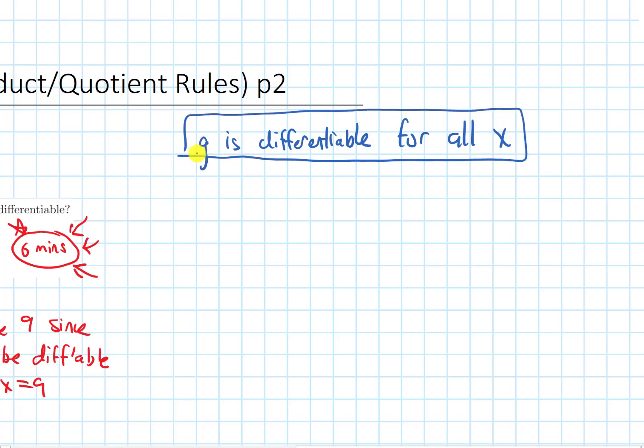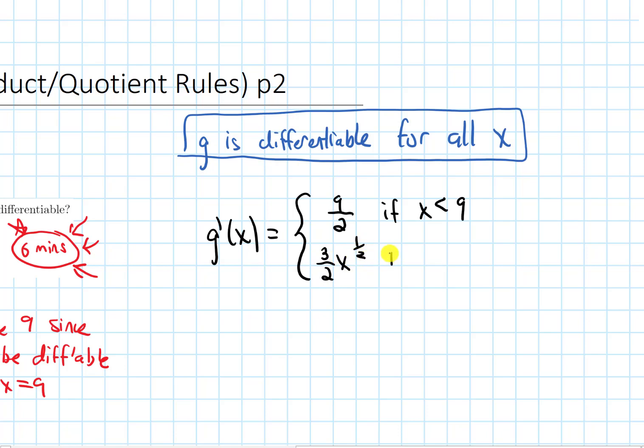And the other part of this question was writing that derivative. So our derivative was that piecewise function. And what we had was, let's see, we had 9/2 for the top piece. That's if x was less than 9. And the bottom piece was a 3/2, not 2/3, 3/2 x to the 1/2. And that was if x was greater than 9. And now we've checked that it is differentiable at 9.